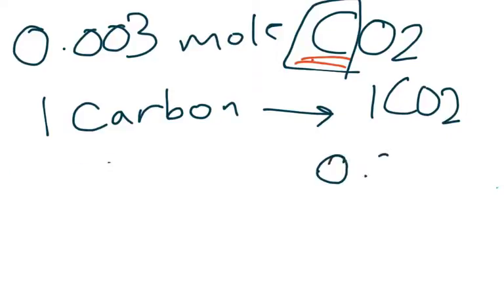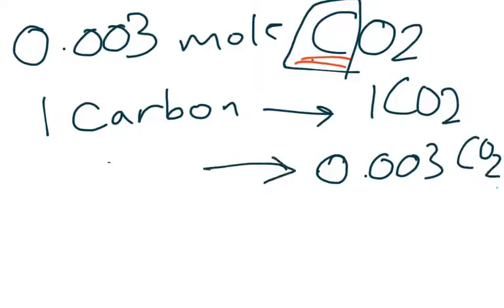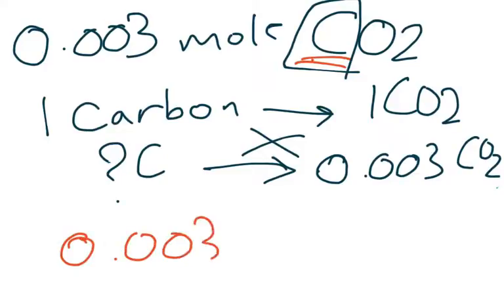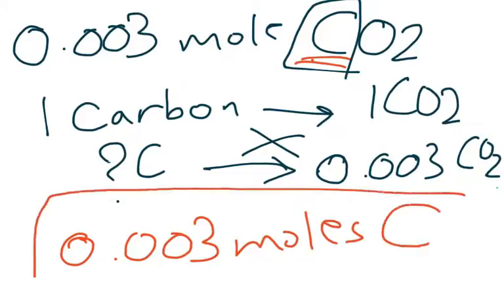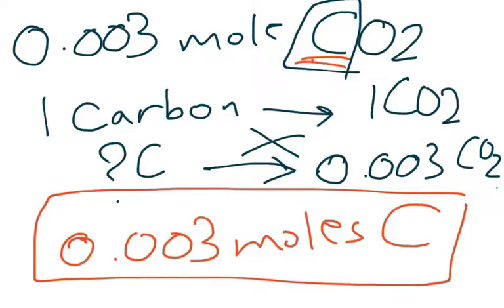If we have 0.003 moles of CO2, how many moles of carbon do we have? And if we cross multiply, the answer would be 0.003 moles of carbon. Yay! Okay, so we got the moles of carbon.